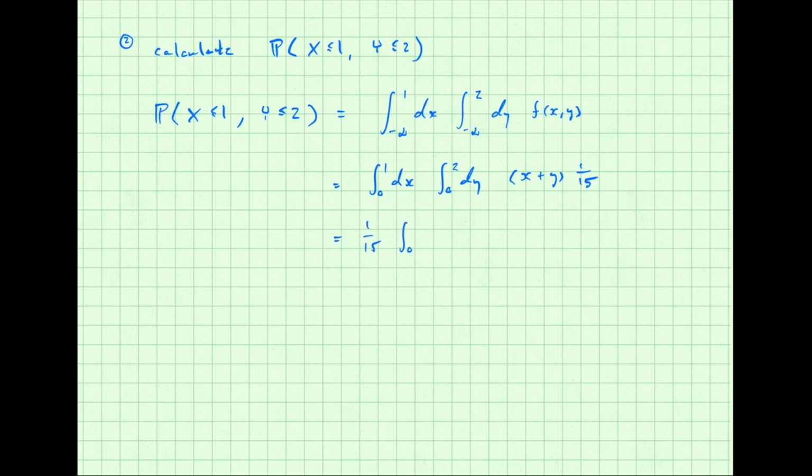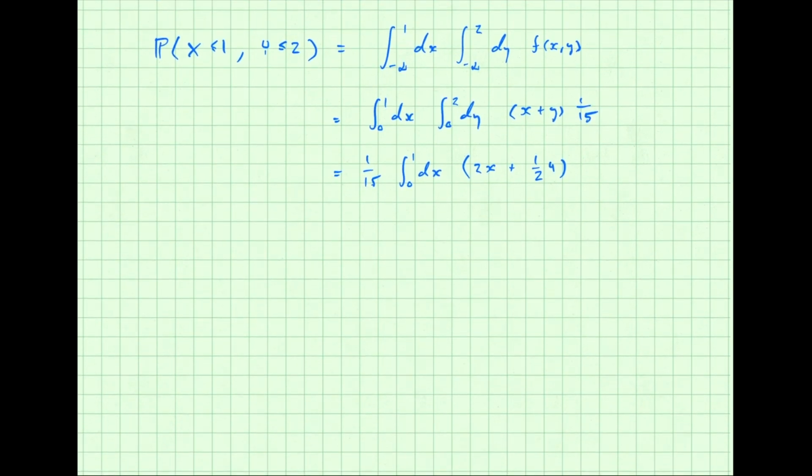Leave the x integral alone for now, and perform the y integral. And so we get 2x plus 1/2 times 2 squared, which is 4. So that whole quantity is then 2. And so we get then 1/15.